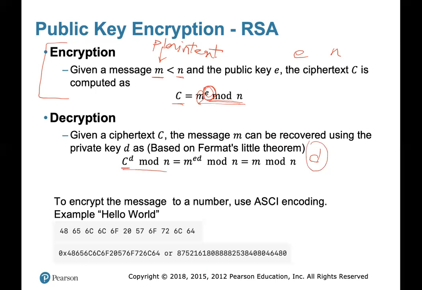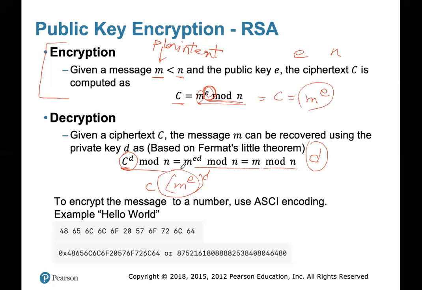We just calculated C as m to the power of e. So instead of C, we put m to the power of e. So I get m to the power of e to the power of d, because for decryption we take the ciphertext and take the power of d of it. So it's going to be m to the power of ed mod n.